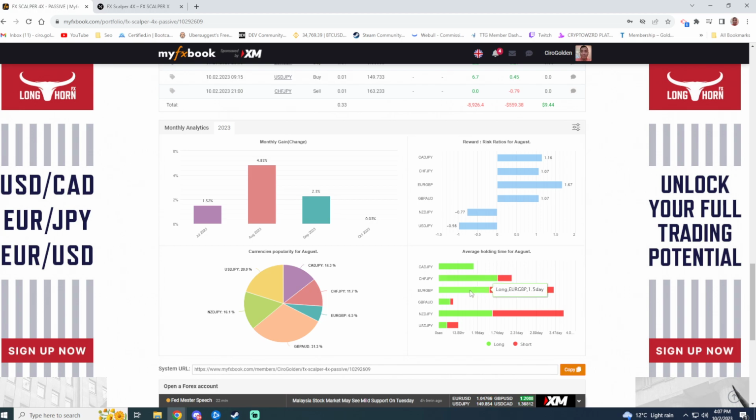And yeah, it's good to see that again. These pairs that were opening and closing, they weren't opened for very long. A lot of the long positions were only open for either just over a day to almost 2 days. And then for our shorts, the longest was 2 days and the shortest being like 2 hours.